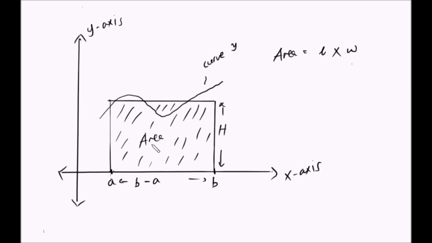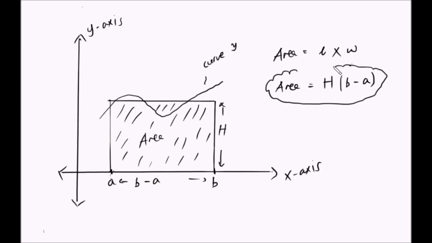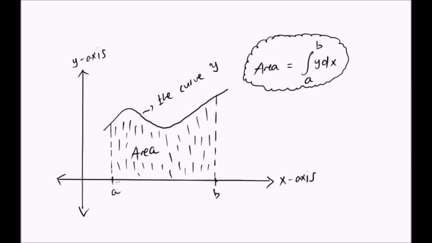Kwa hiyo kumbe area ya hii rectangle ni length ambayo ni h times width ambayo ni b minus a. Okay, so now I have said the area of this rectangle ambayo ni h times b minus a is equal to the area under the curve y ambayo ni ile pale.